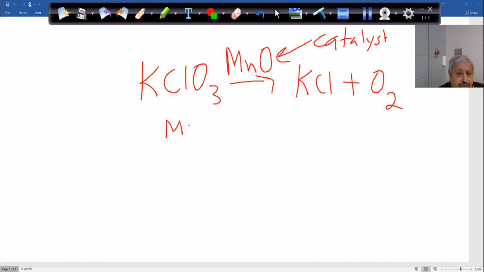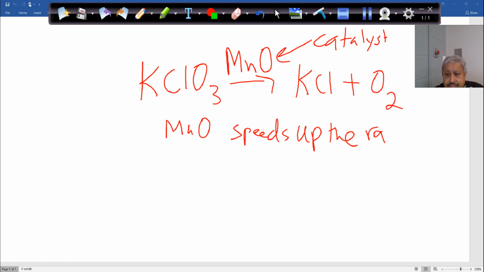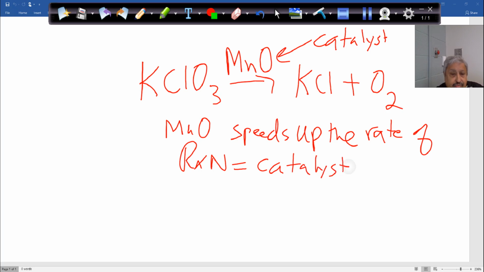So MnO2 speeds up the rate of the reaction, and this is what we call a catalyst. It has nothing to do with the actual reaction. So we use manganese oxide, and we have potassium chloride and oxygen.